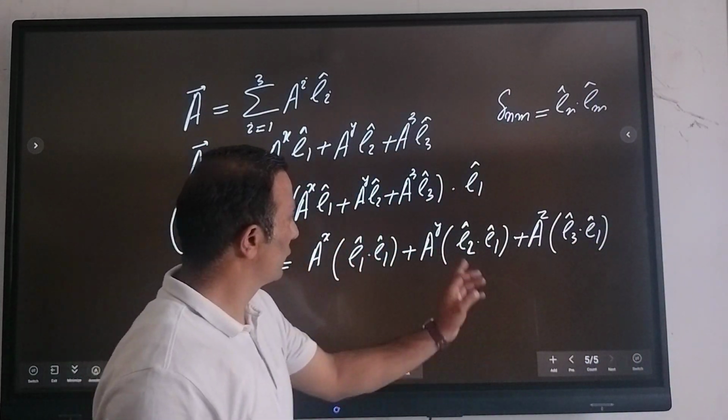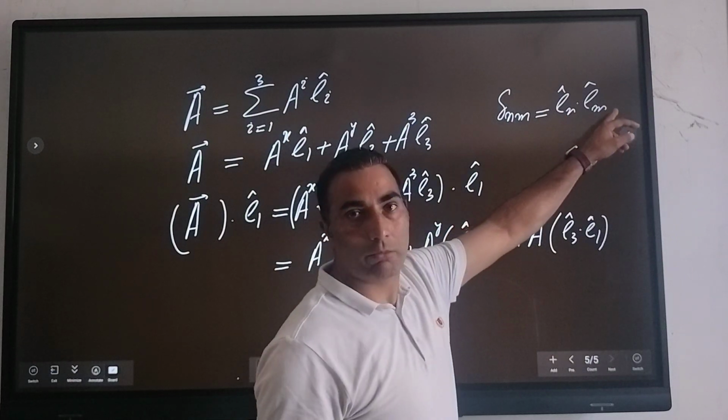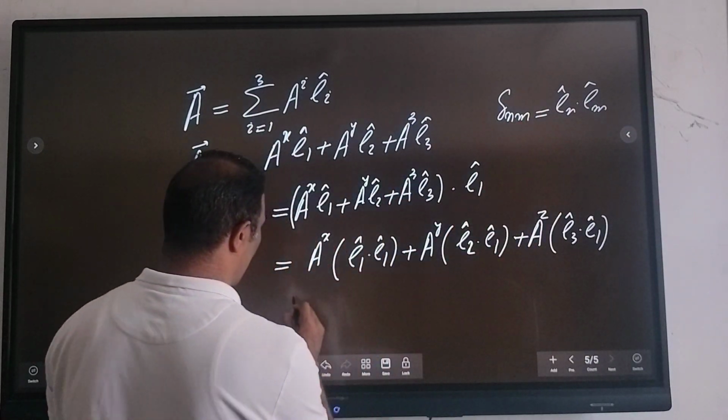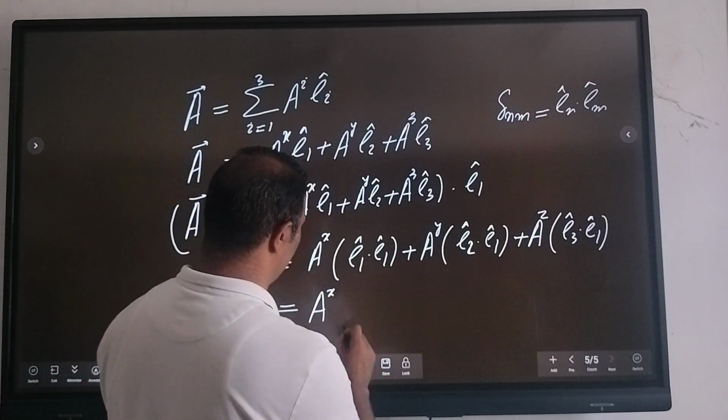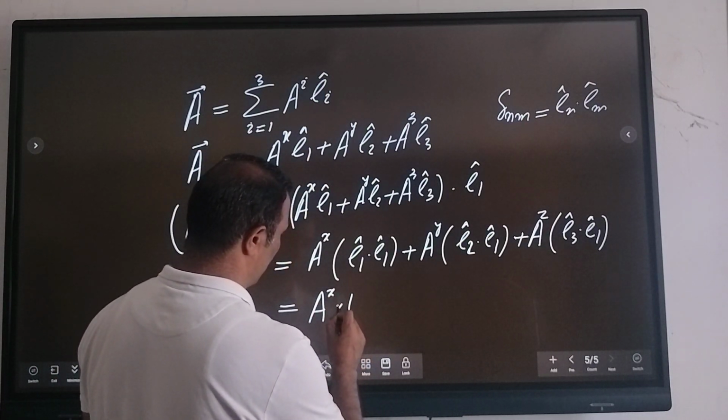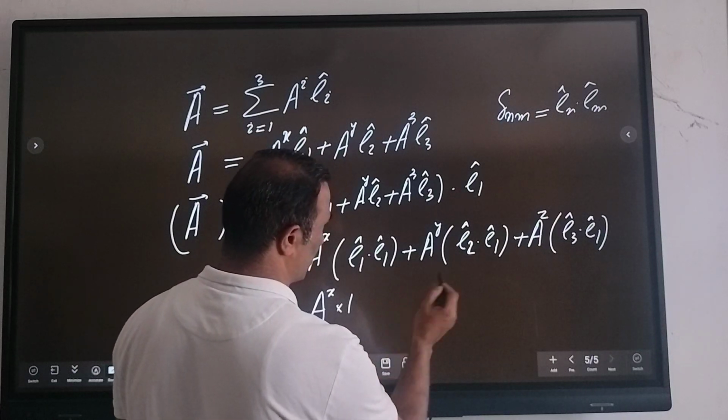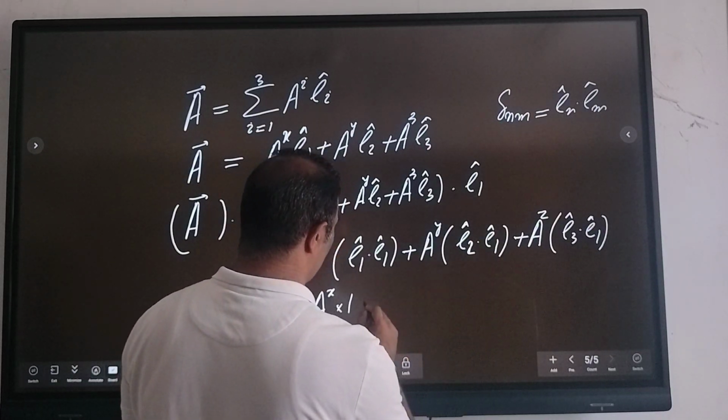Because here n equal to 1, m equal to 1, so this is equal to 1. So this will be simply AX into 1, right? And these terms will be 0, because E2 with E1 is zero.